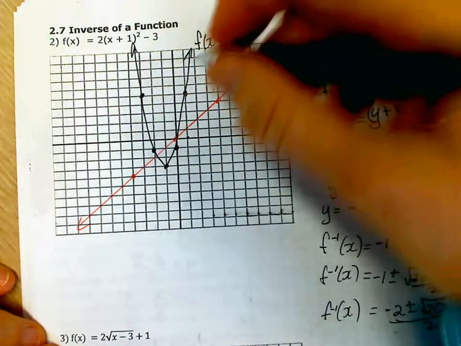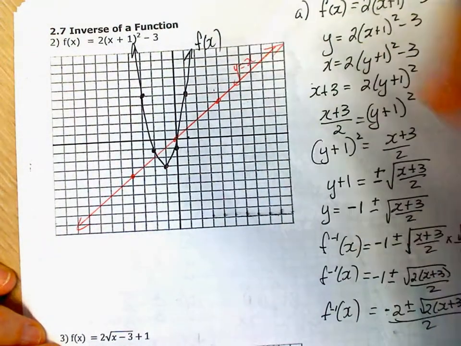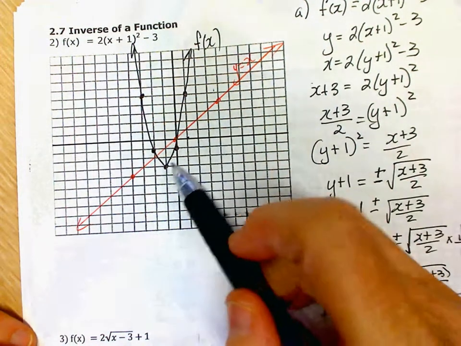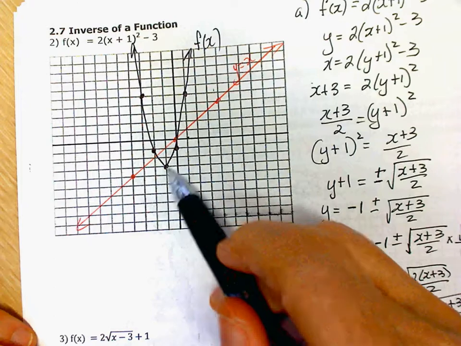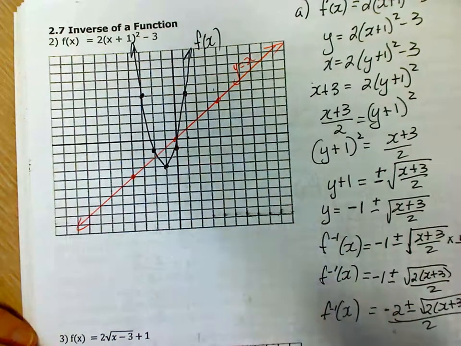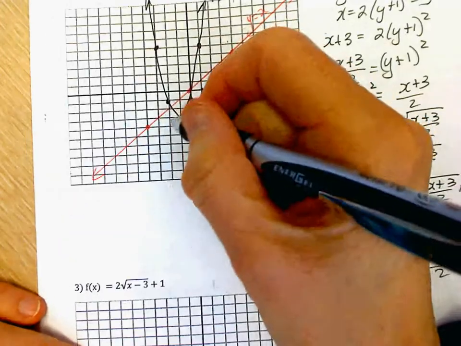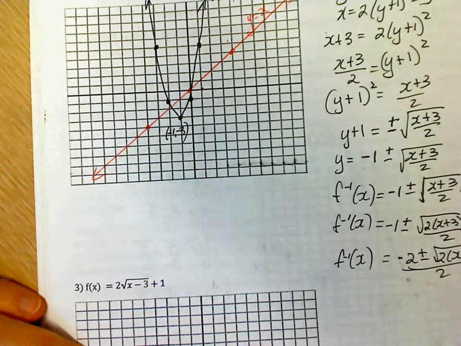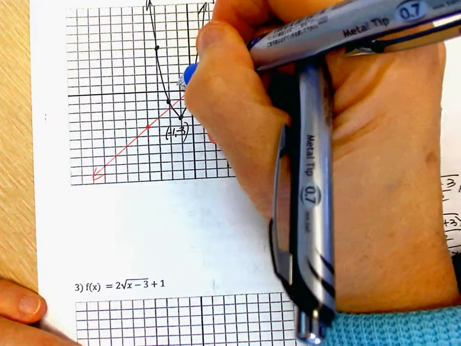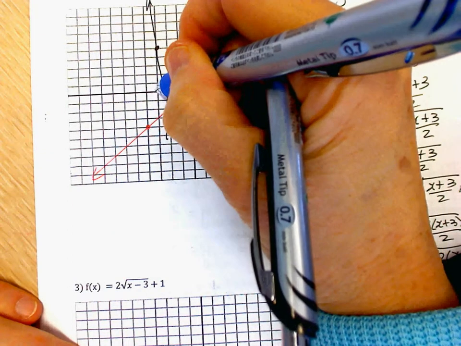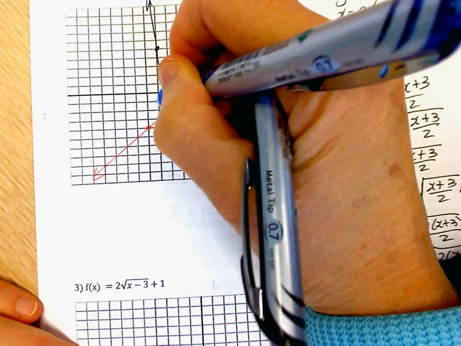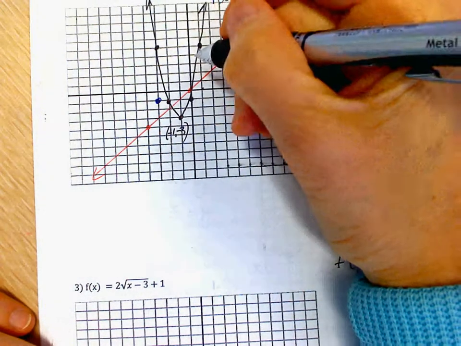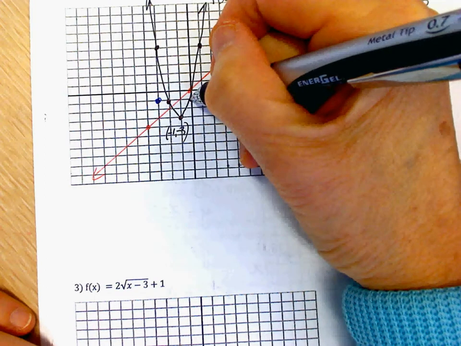The easiest way to draw the inverse is we're going to take these points and swap the x and y, right? So my vertex is negative 1, negative 3. So my inverse will become negative 3, negative 1. This point here is 0, 1. My inverse will become 1, 0.